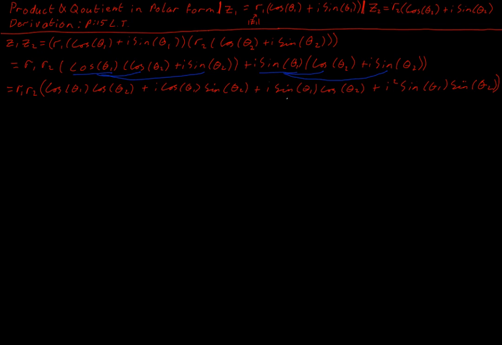But now what I'm going to do is gather my real and imaginary terms. I know that i squared is equal to minus 1. So I'm going to be able to say that this is going to be minus this. So my two real terms are here. And my two imaginary terms are here. So I'm going to gather real with real and imaginary with imaginary.